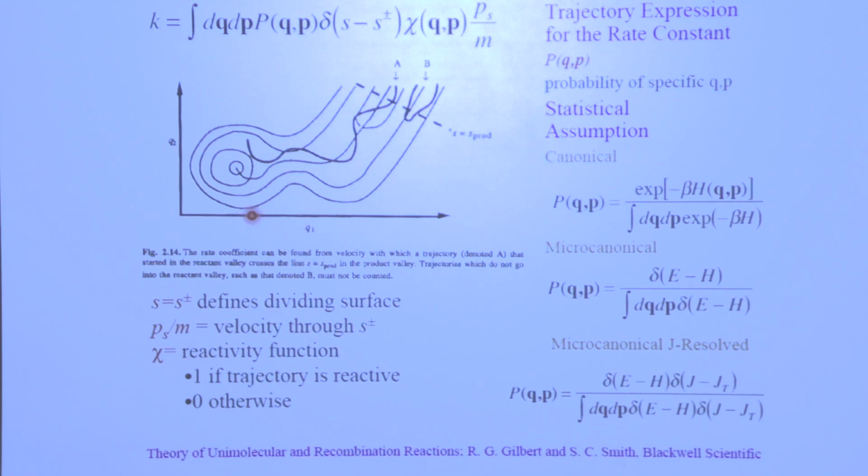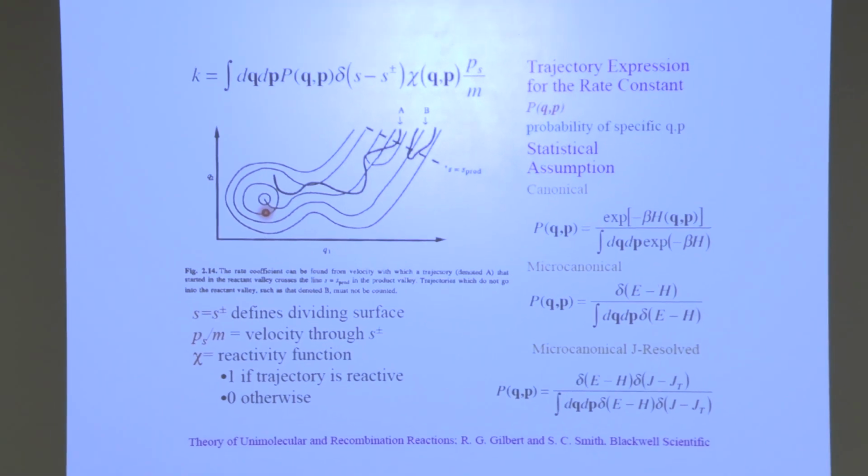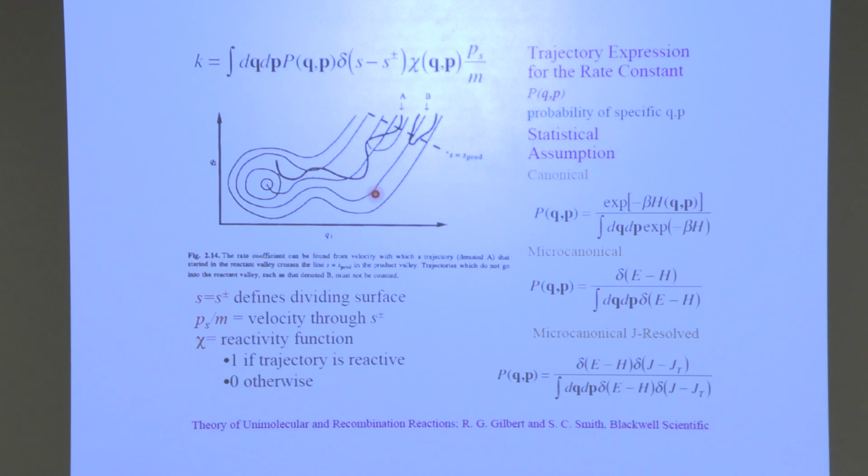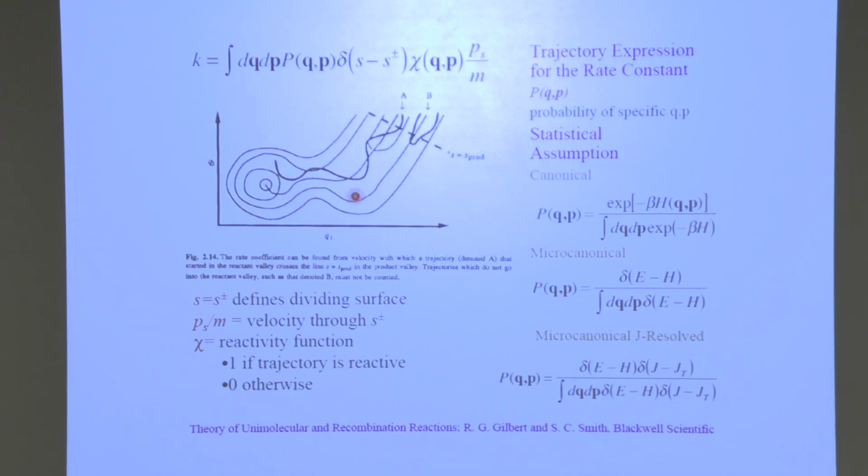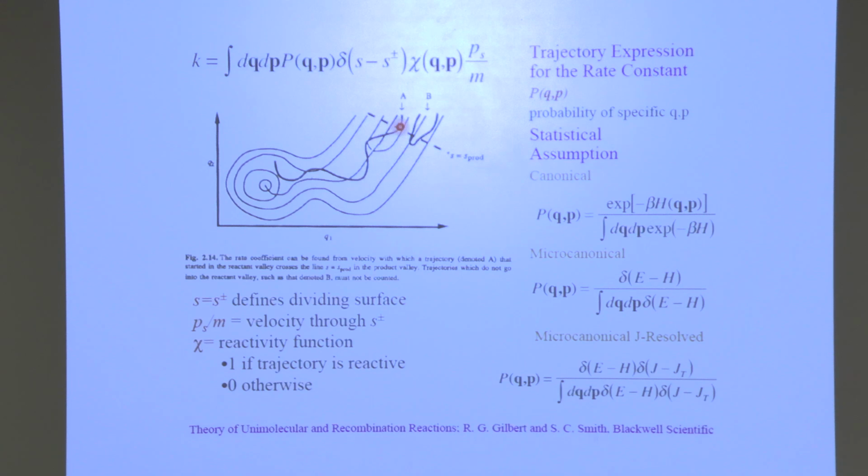You can think of what's happening as having a trajectory, trying to go from a starting point out to a product, or vice versa, coming in from this side to get stabilized. And you can write down the same equations I showed before.